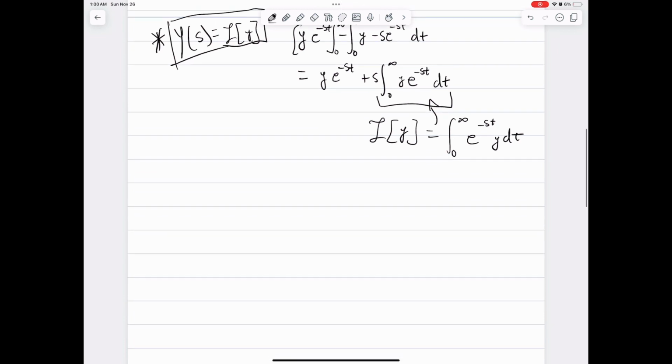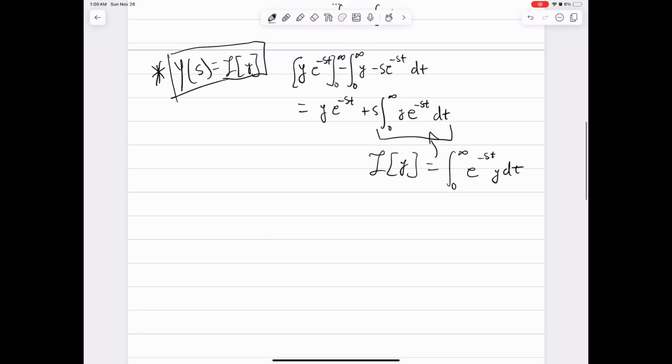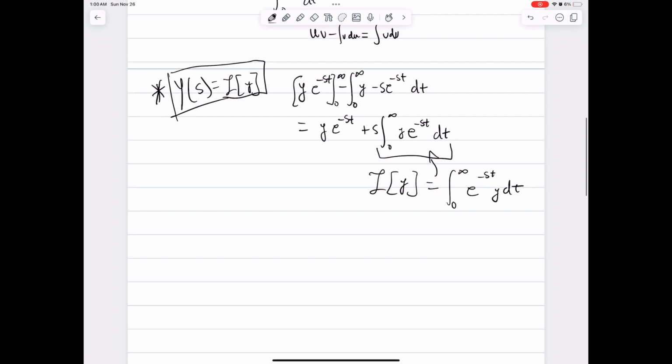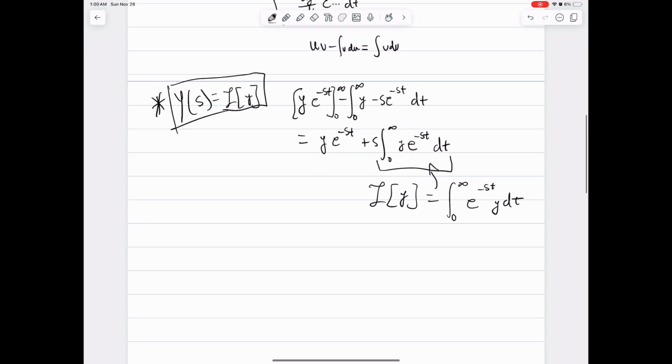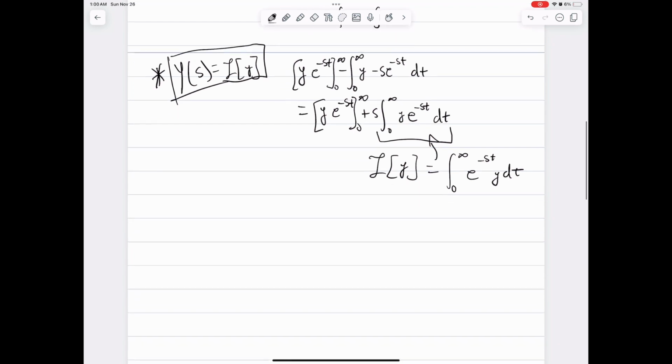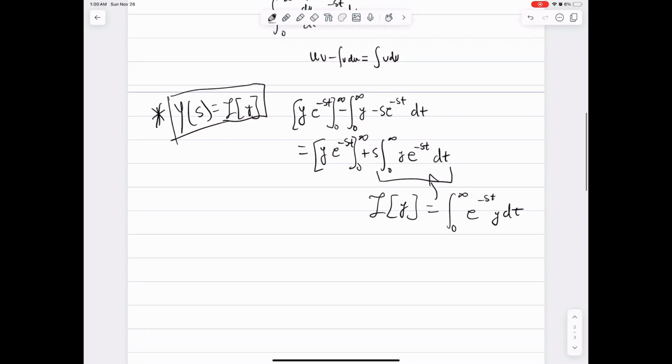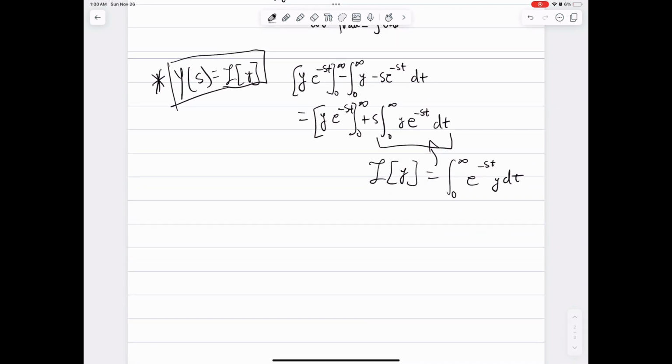Now, don't forget to evaluate this, of course. Evaluating this from 0 to infinity would give you 0 minus y, correct? Because of the s pushing it to the bottom.